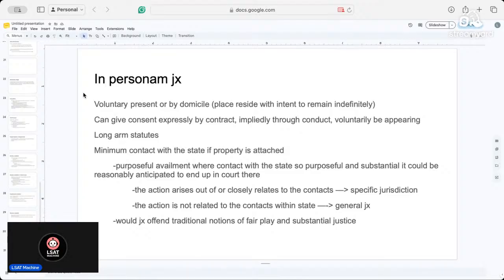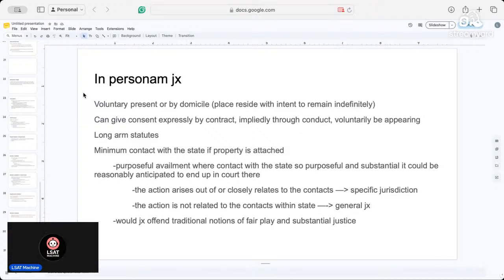Or you have minimum contacts. Depending on what type of case and contacts they are, you'll end up with different types of jurisdiction. If there was purposeful availment, so substantial and purposeful that you could foresee being brought into court there, then the minimum contacts test will be applied.